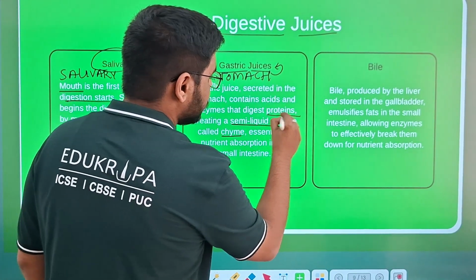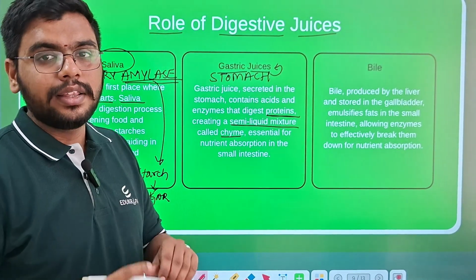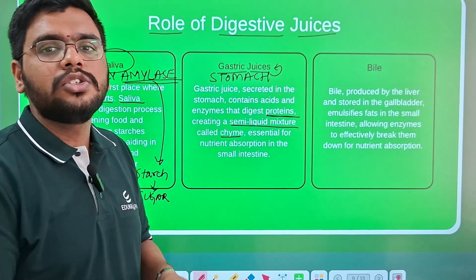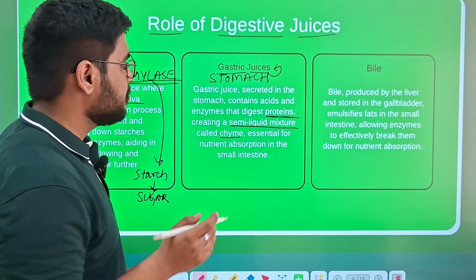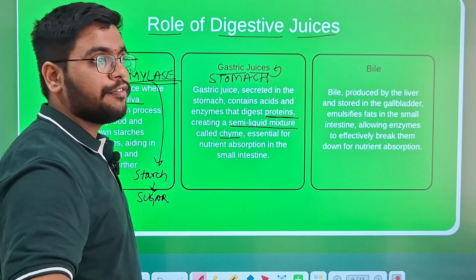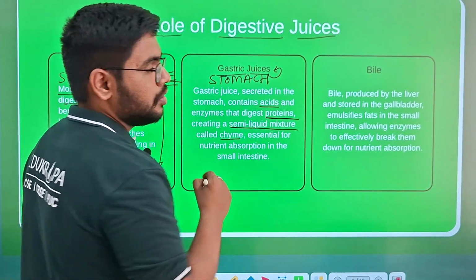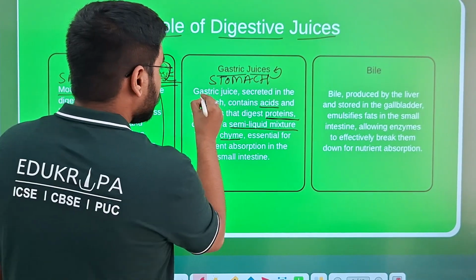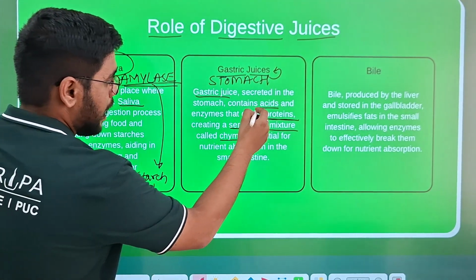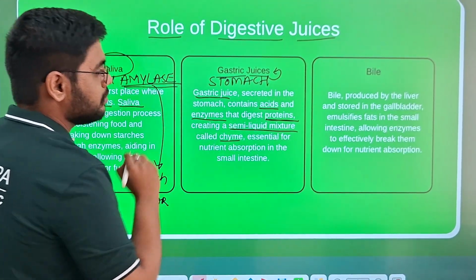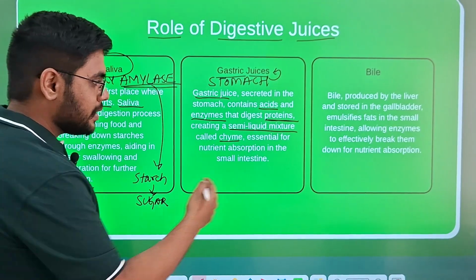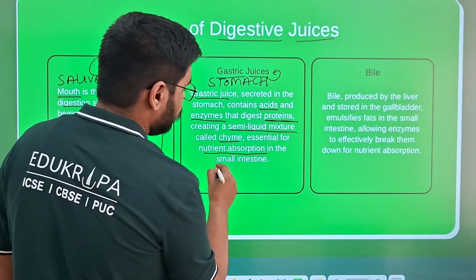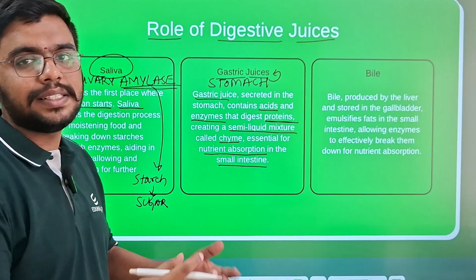Because proteins are one of the complex food nutrients. They need to be broken down into simpler parts so that the further digestion can happen easily. The stomach contains, if you remember in the previous video, an acid. Which is that acid? Please comment it down. Gastric juices, I already told, acid is one of them, and there are certain enzymes which are also secreted. This happens because nutrient absorption in the small intestine should be easier.